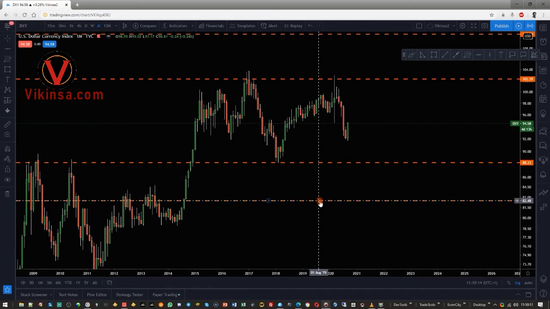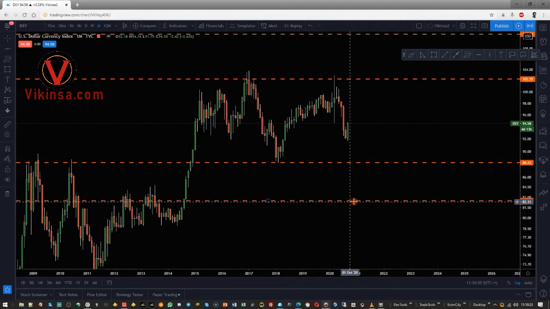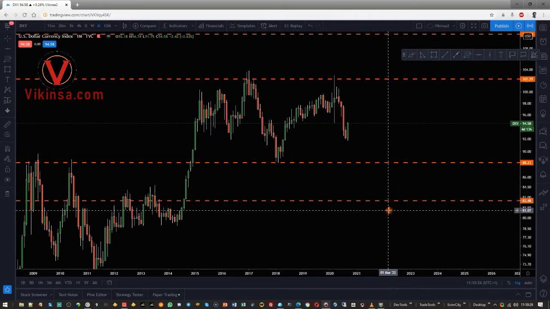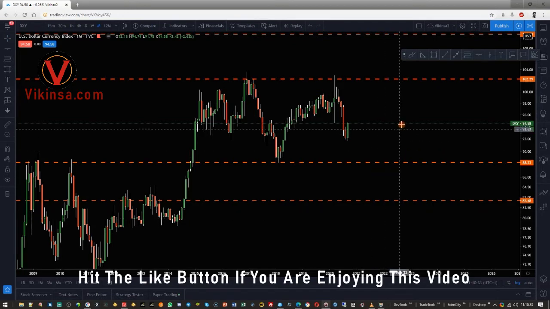This is going to be refined because there is still a lot of the journey it needs to cover. So this level can change a little bit, but you can expect that M pattern to complete somewhere around here, and I can say that because of the Fibonacci ratios that we follow.